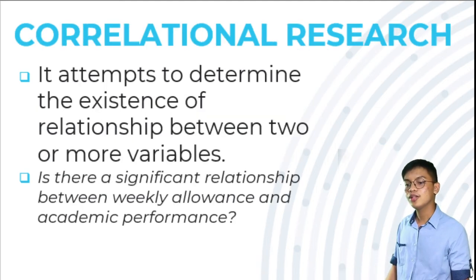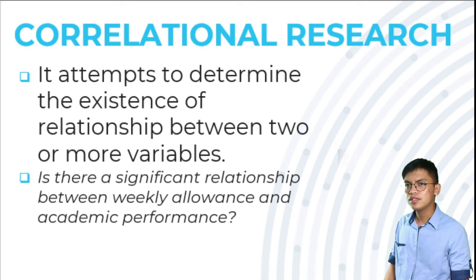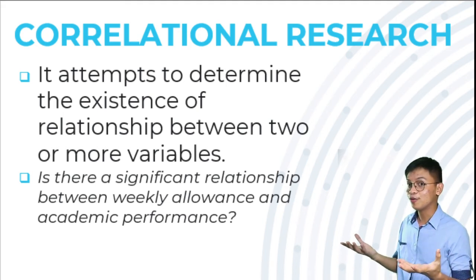In correlational research, we attempt to determine if there is a relationship between two or more variables. Say, for example, you want to see if there's a relationship between weekly allowance and academic performance. Pwede ba na pag mas mataas ang allowance mo, mas mataas rin ang grade mo?